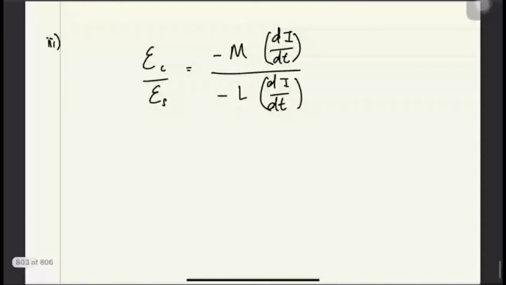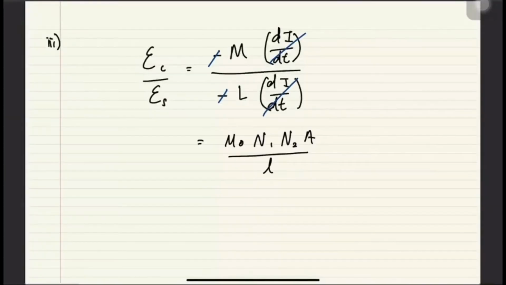So inside there tadi, kalau yang M tu dia consists of mu not N1 N2 A over L. Okay, ini yang untuk mutual inductance. Kalau yang self-inductance tadi, dia adalah mu not N1 square, which is N1 darab N1 lah.